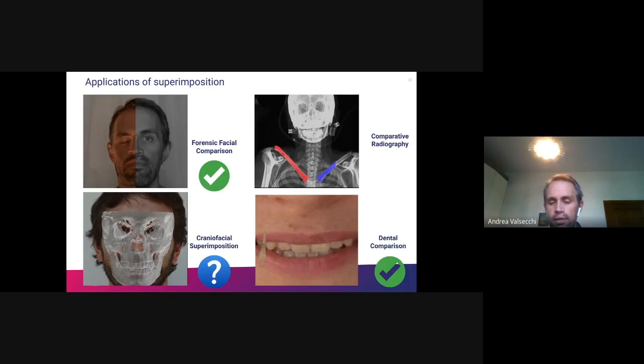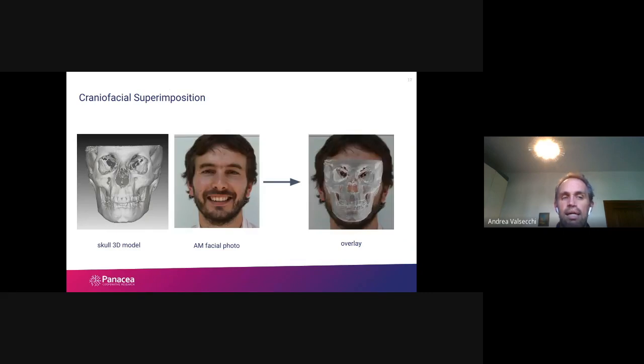So next, I'm going to talk about facial superimposition. The basic ingredients are the same. We have a 3D model and a picture. The 3D model is that of a skull, and the picture is an ante-mortem photo of candidates.